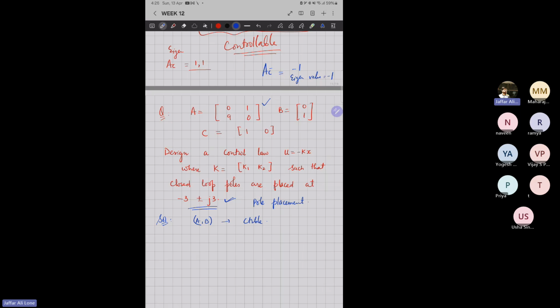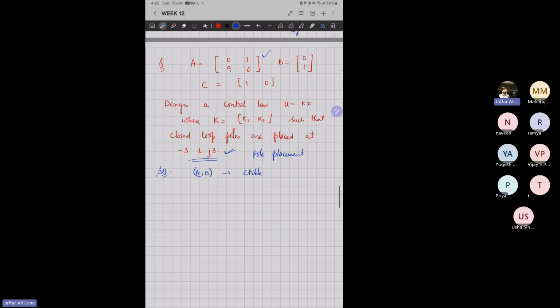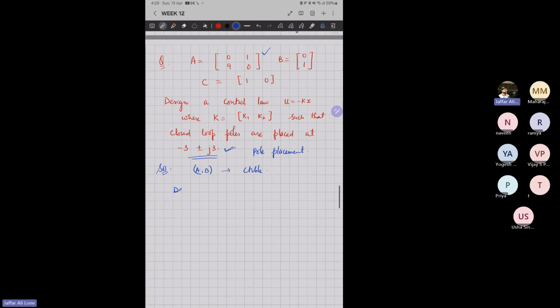Now, next, how to proceed? It's given here that my poles should be placed at -3 plus minus j3. So first we'll write the desired poles. They should be at -3 plus minus j3. Based on these poles, can I write the characteristic equation?